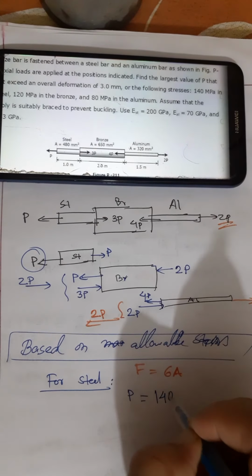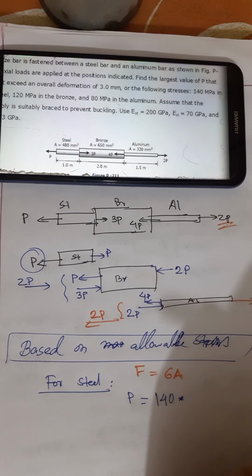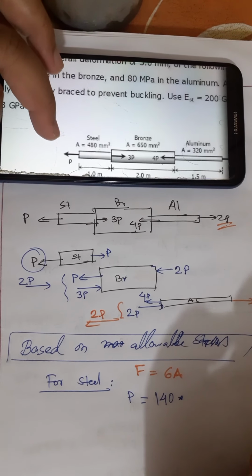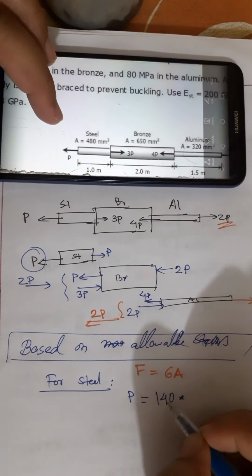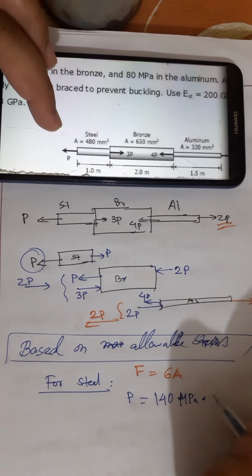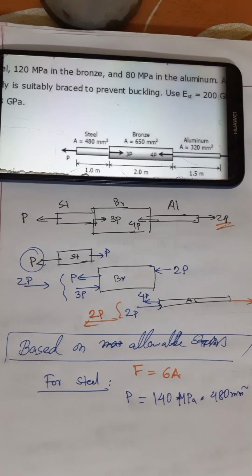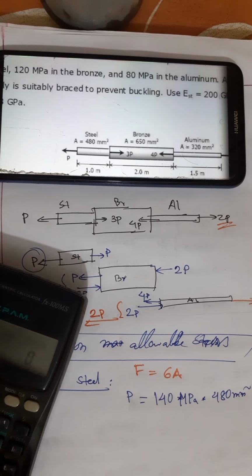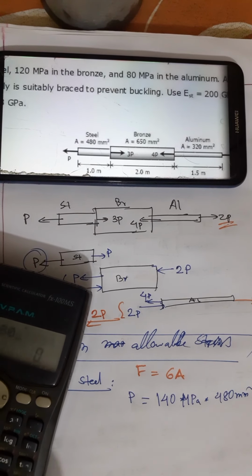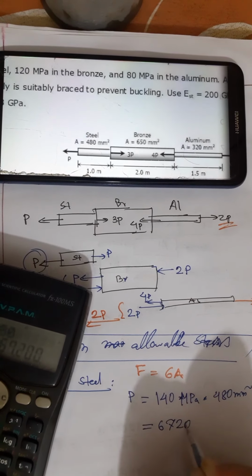We can remember that 140 megapascal means Newton per millimeter square, and the cross sectional area of steel is also given as 480 millimeter square. So Newton per millimeter square into 480 millimeter square gives the resultant in Newton, and it's 67,200 Newton.